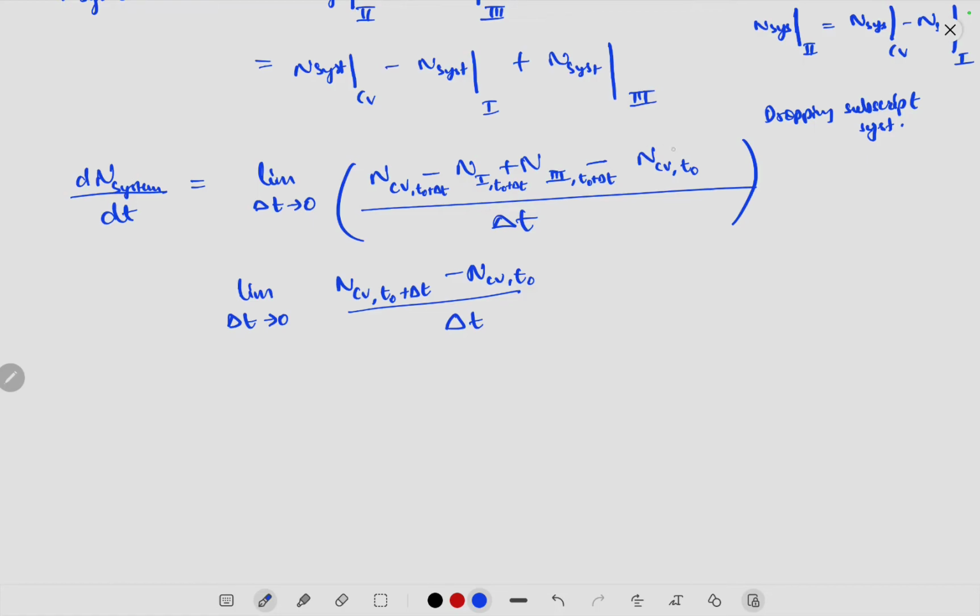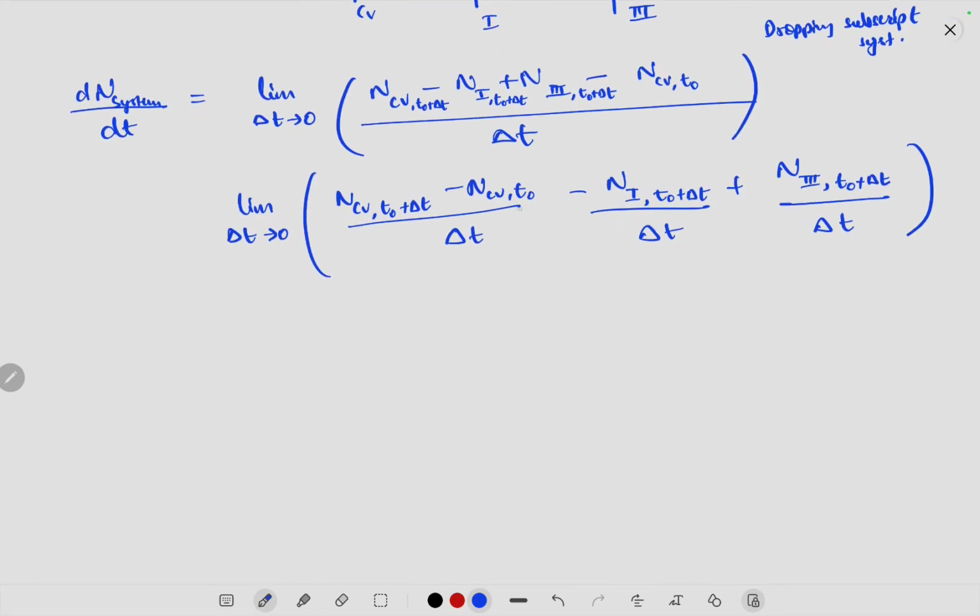I have written this term. Now let's write the other two terms: minus N in region 1 at t0 plus delta t divided by delta t, plus N in region 3 at t0 plus delta t divided by delta t.